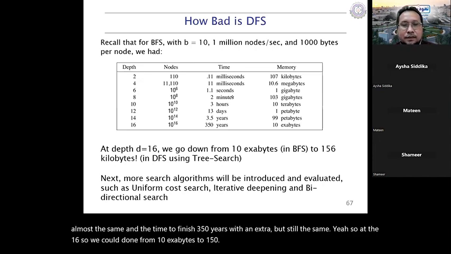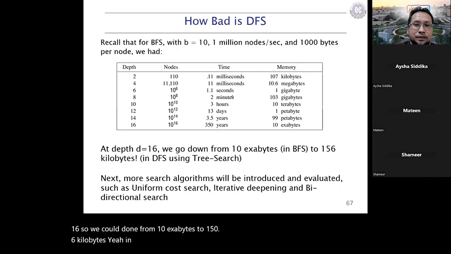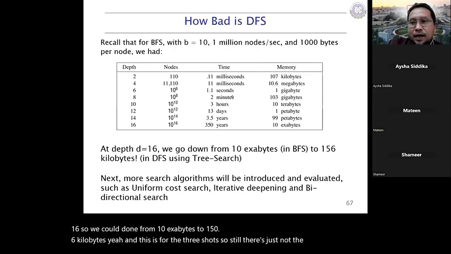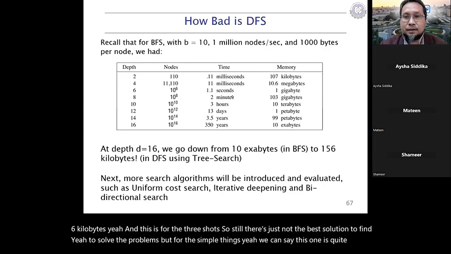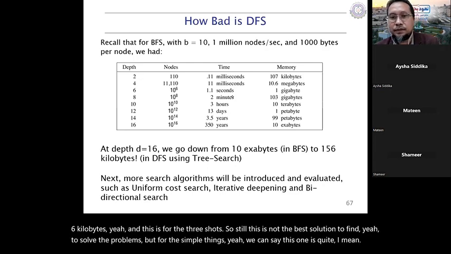Still, this is not the best solution for solving hard problems, but for simple things we can say it is quite appropriate.